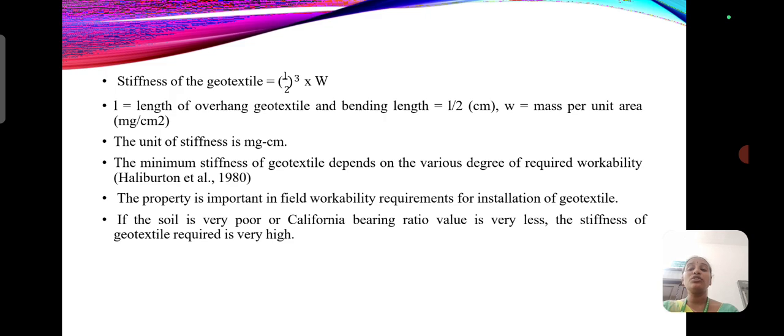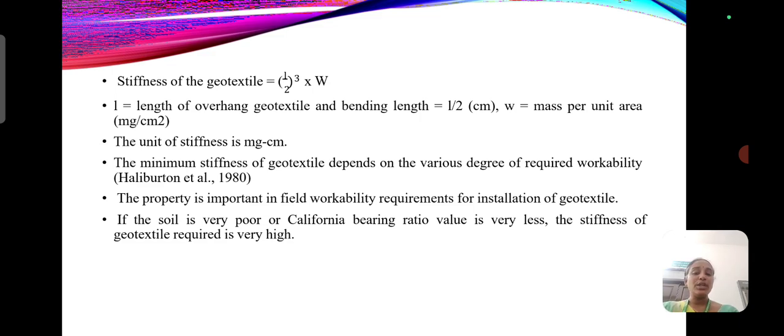For the stiffness of a geotextile, the formula is one-half whole cube into weight. We know the weight of the fabric, so we multiply the weight of the fabric by one-half whole cube. It will give the stiffness of the geotextile. This property is important in the field workability requirement for installation of geotextiles.